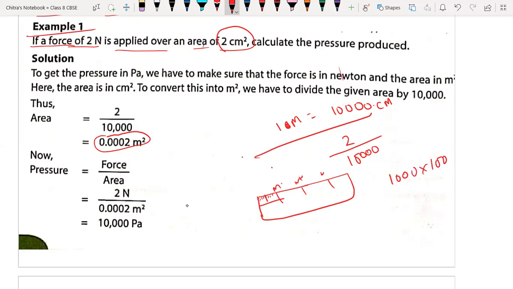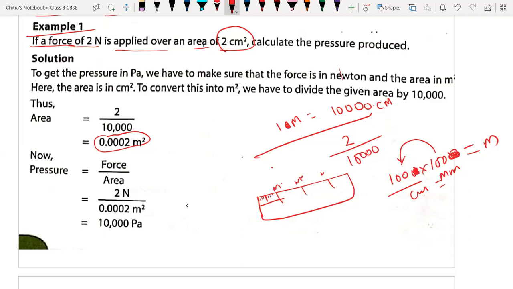It is 1,000 into 100, beta. See, it is centimeter, it is millimeter, and that equals meter. So 100 into 100 is 10,000.